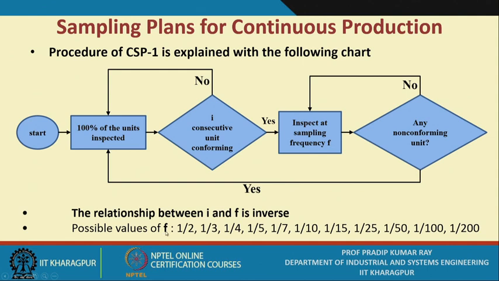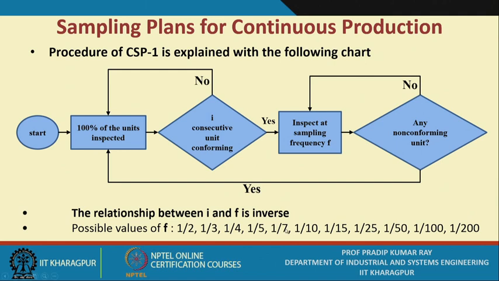And what are the possible values of f as given in the standards? It could be 1/2, 1/3, 1/4, 1/5. If it is 1/5, it means out of 5 units you come across, you select just one unit for inspection, and this selection must be a random selection.